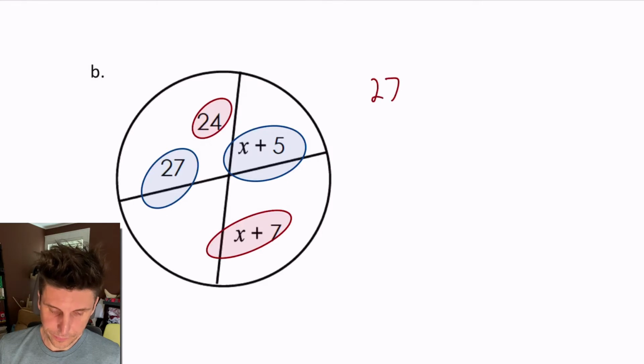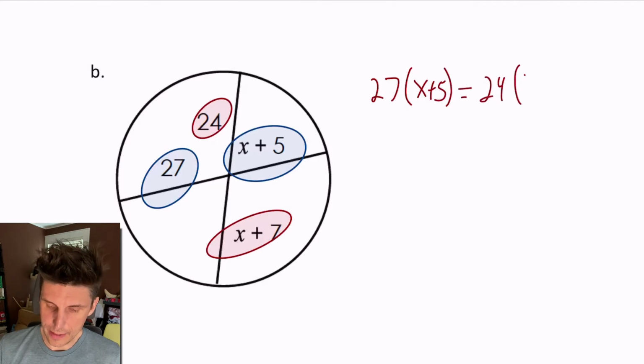Welcome back. If you did 27 times quantity x plus 5 equals 24 times quantity x plus 7, then you're on the right track.